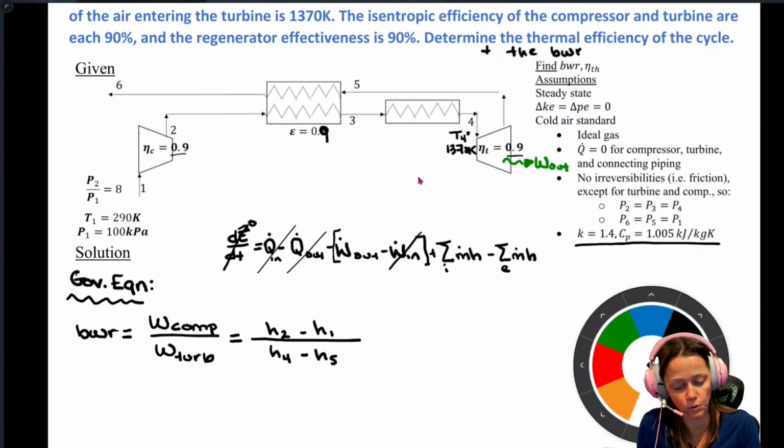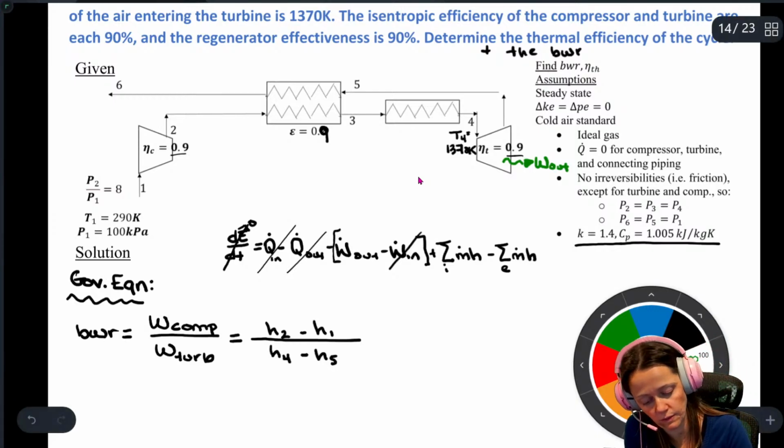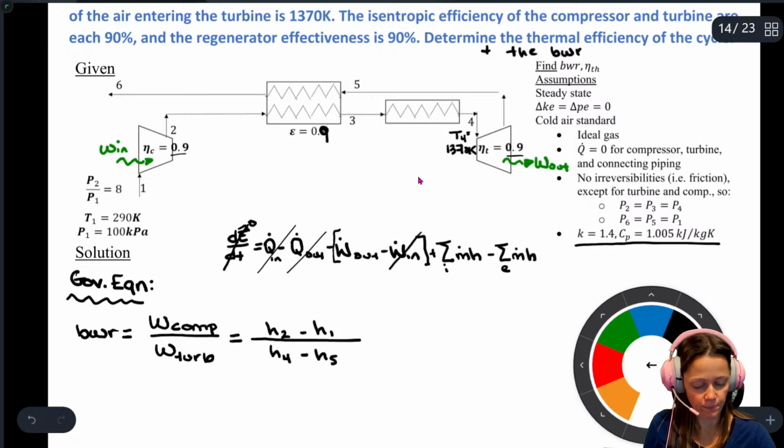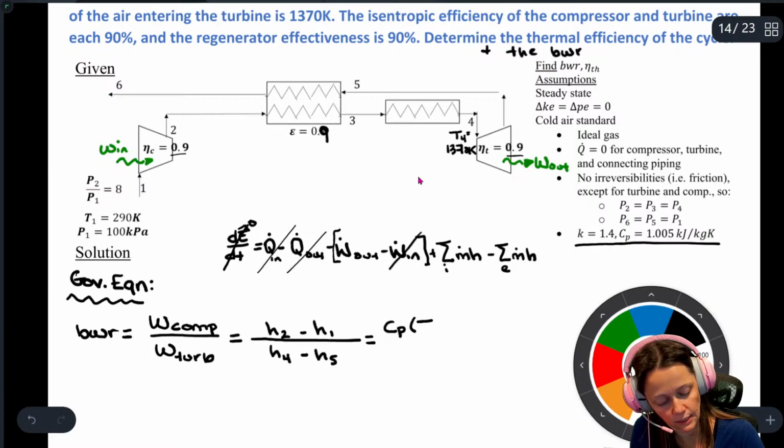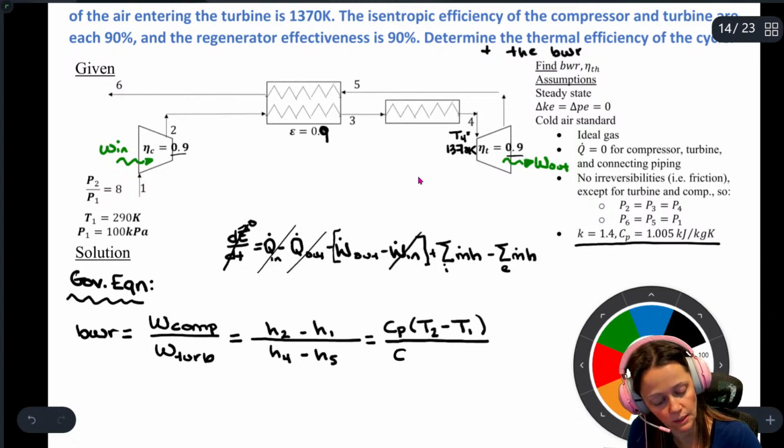Your H4 is going to be bigger than your H5. And then because we're assuming the specific heats are constant, this is put in terms of Cp delta T. Doesn't really matter what that Cp is, I guess, does it? This is T4 minus T5.